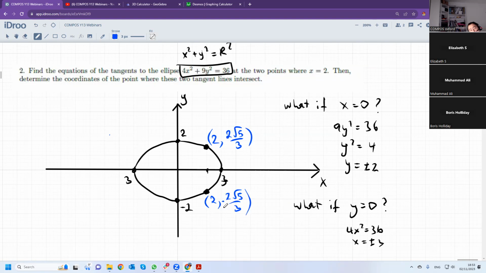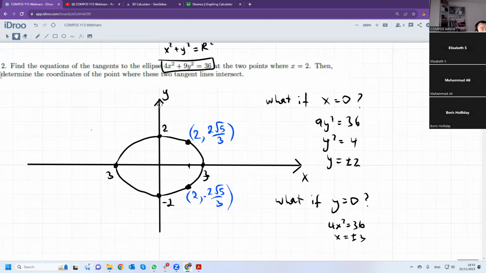Does that work? 4 times 4 plus 9 times 2 square root of 5 divided by 3 squared. Yeah, it does.